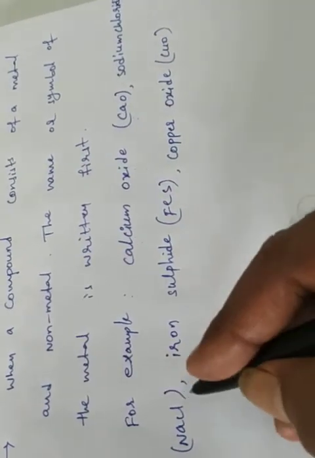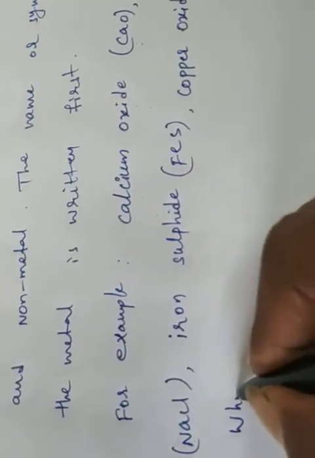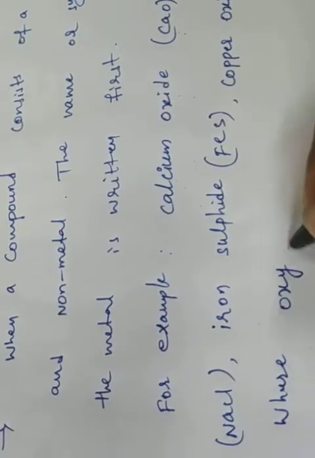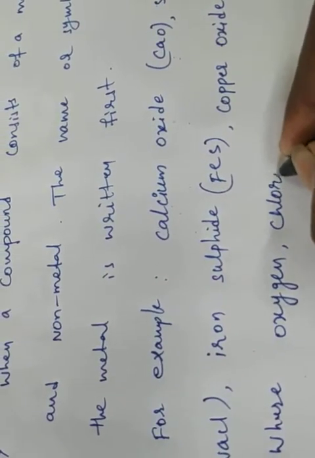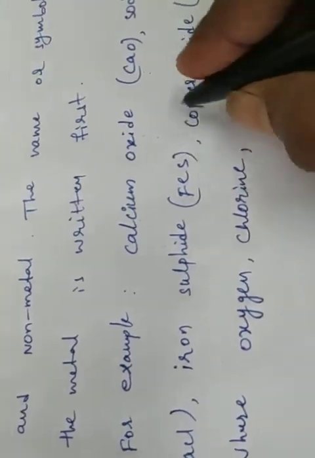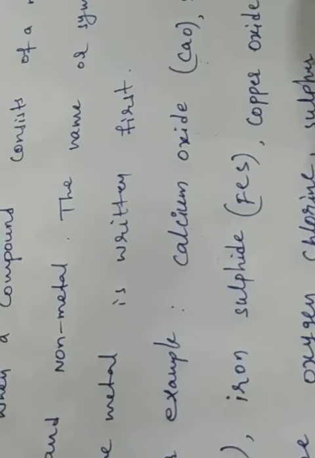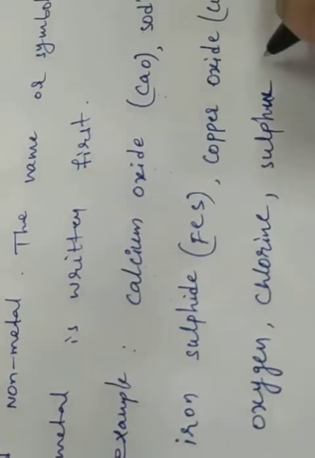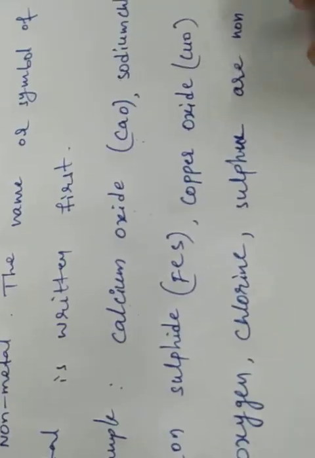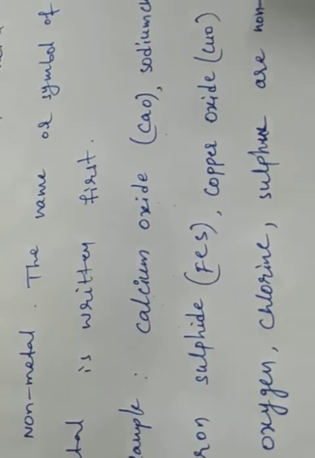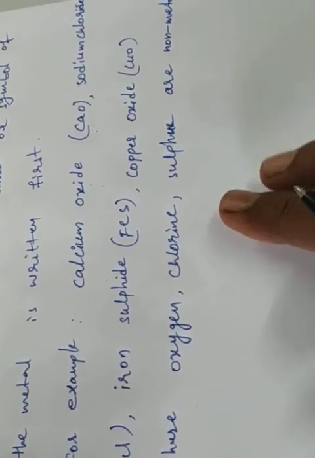Here you have to check that oxygen, chlorine, sulfur are non-metals in these examples, and they are written on the right.